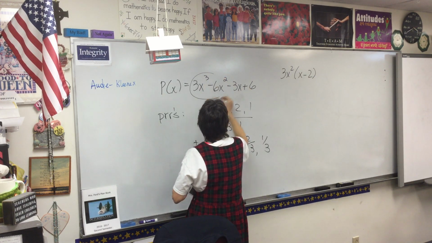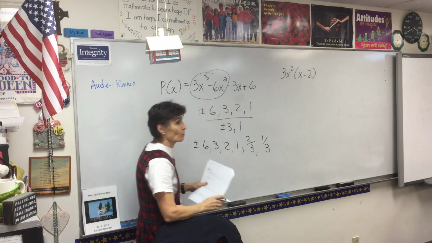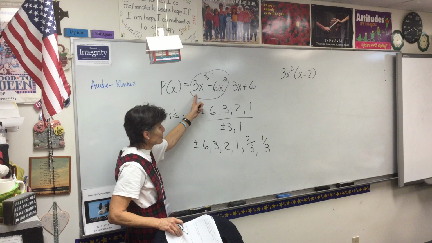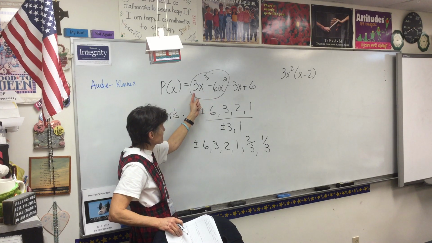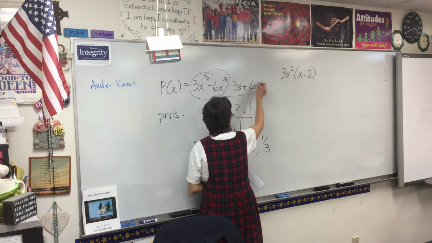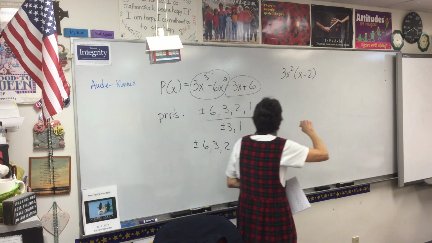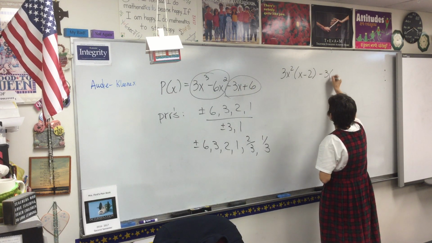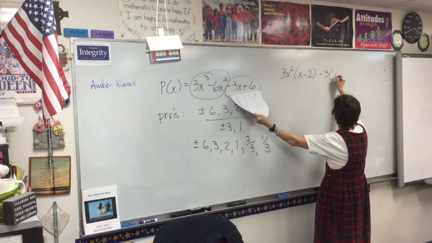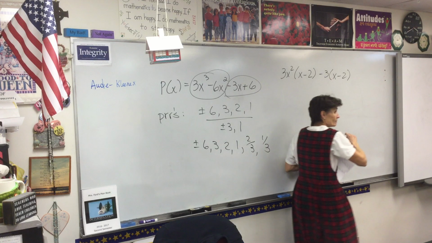Kids, I'm looking at the first two terms. You've done this since Algebra 1. It's called factoring by grouping. I group the first two terms and take out what I can. Now, what about the last two? What can I take out of them? A negative 3. And that leaves me, I took out a negative 3, so that leaves me with x minus 2.